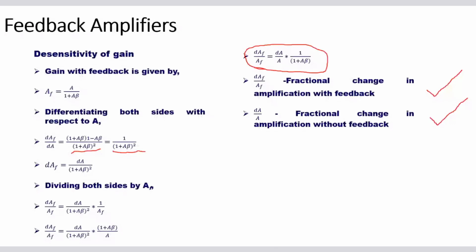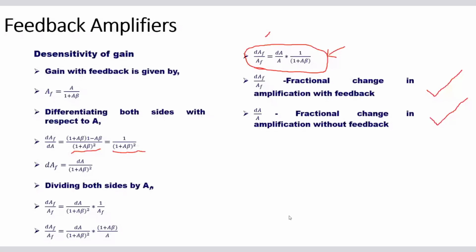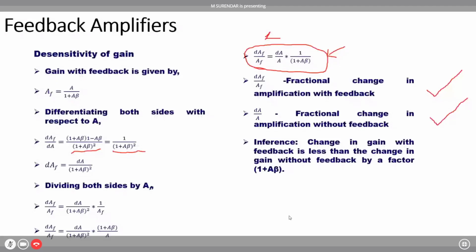You can clearly see that this term dAF by AF will always be less than dA by A. That means the fractional change in the amplification with feedback is always lesser than the fractional change in the amplification without feedback.